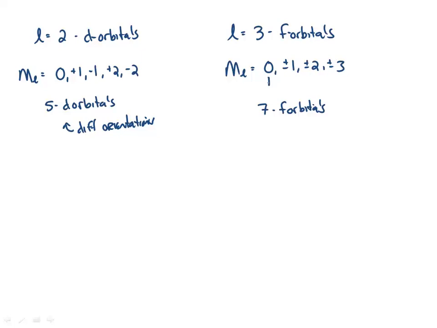Well, 1, 2, 3, 4, 5, 6, 7. So the number of different m sub L values that are allowed is also the number of different orientations. And so what that means is that there's 7 different orientations too. Meaning you can get those big ugly pictures and then now you can orient them in 7 different directions.